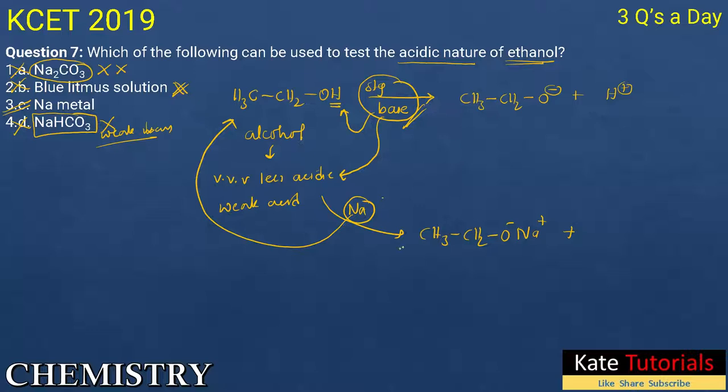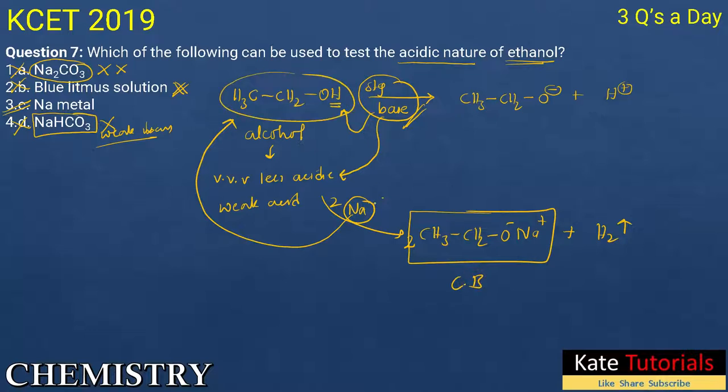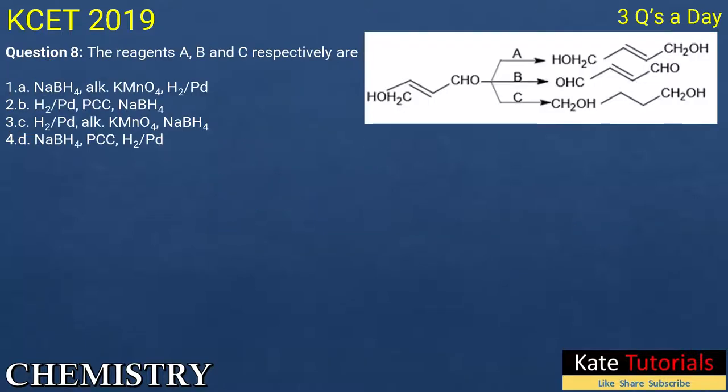If two molecules are there, it liberates hydrogen gas, and this is nothing but the conjugate base. So this is how acidic nature is shown. Ethanol is a very weak acid, so it reacts with more reactive metals to form this conjugate base, the sodium salt. So sodium metal is the correct answer for the given question.